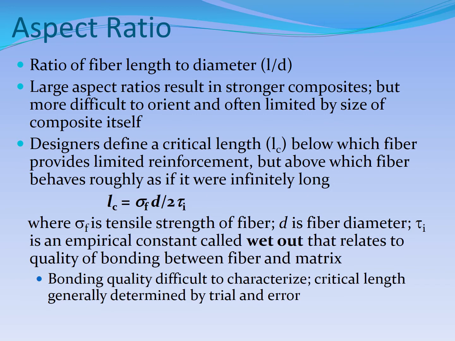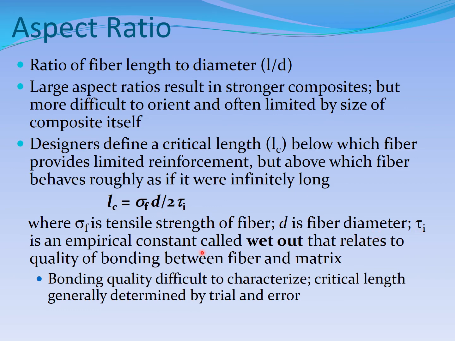So now LC is sigma F D upon 2 tau I. Sigma F is the tensile strength of the fiber, the fracture strength, the maximum strength of the fiber. D is the fiber diameter, of course.